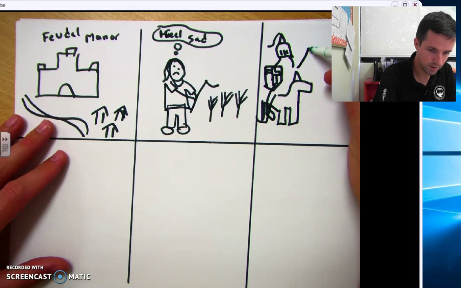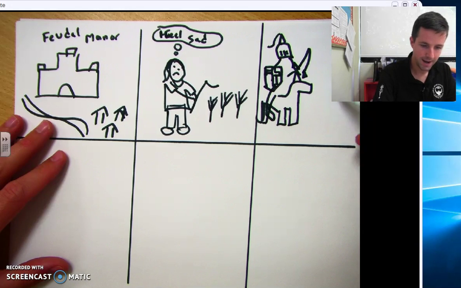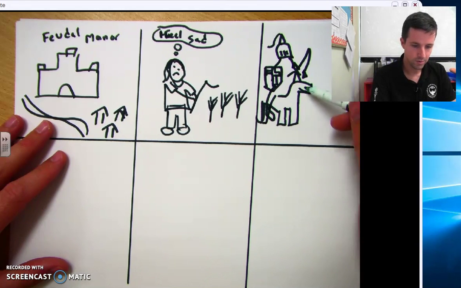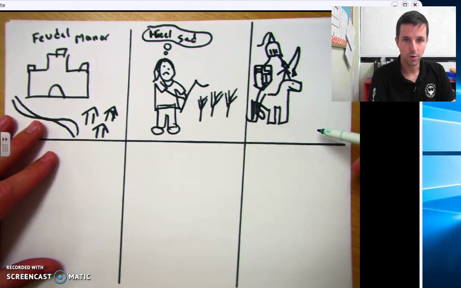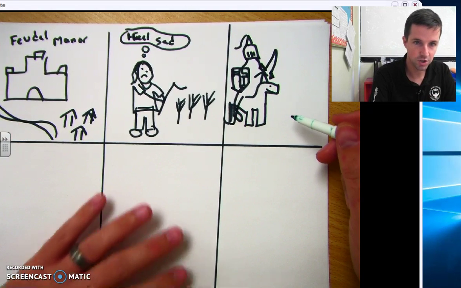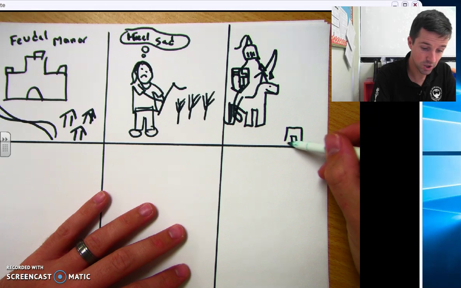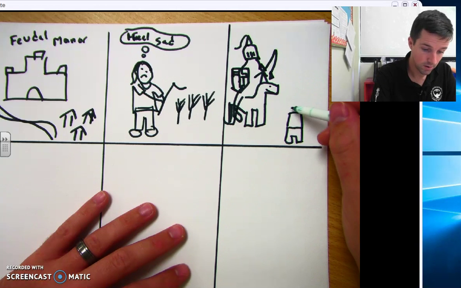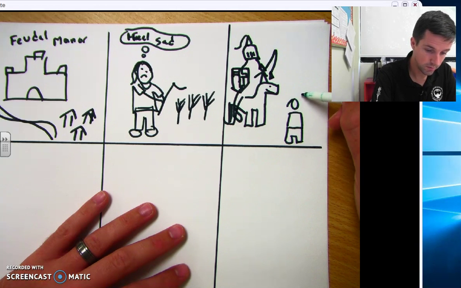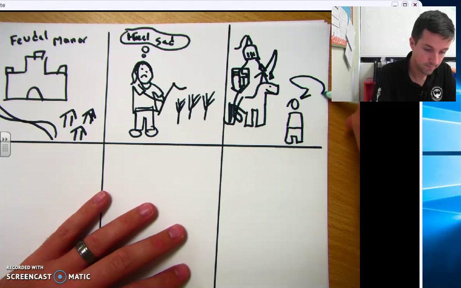And we'll give him his sword. All right, and then the horse is going to be happy. And in here we're going to have our serf interacting. In this case, the serf would need to ask permission to leave. So, cartoon.